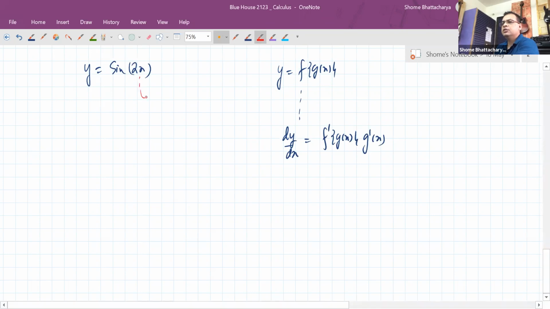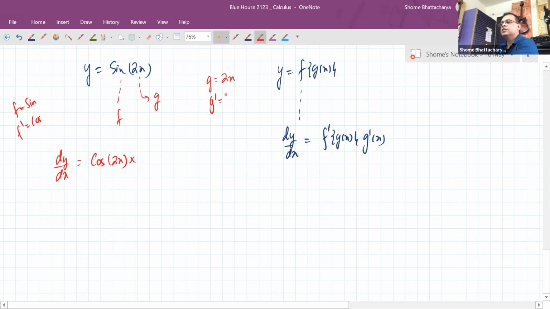You can see that this is what your g is and this is what your f is. So with enough practice, you'll be able to see that this f prime, so f is sine. So what is f prime? It is cos, you know, differentiation of sine is cos. So it is cos of gx. Now what is gx? It's 2x. Okay, multiplied with g prime. Now g is what? 2x.